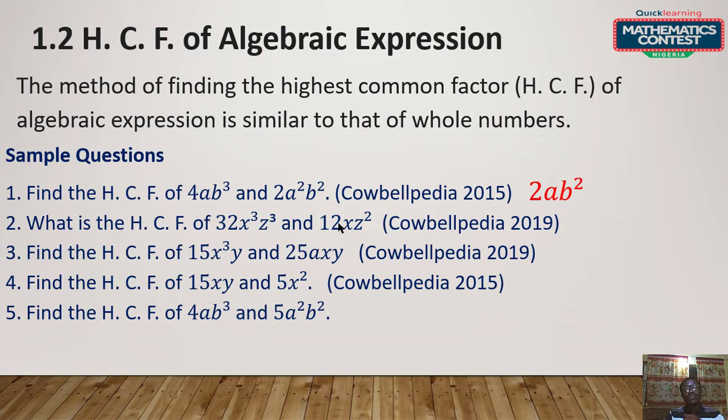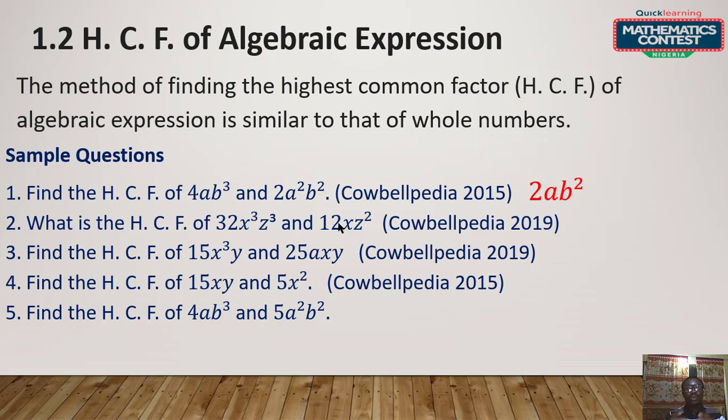If I say factors of 12, the factors of 12 are 1, 2, 3, 4, 6, and 12. How do I get that? To get all the factors of 12, just start from the beginning. 1 is a factor of all numbers, either a whole number or an algebraic term. So 1 times 12 gives us 12.